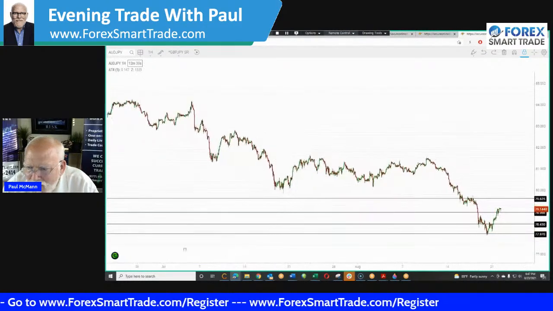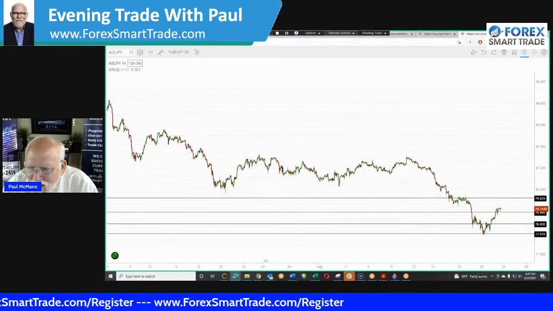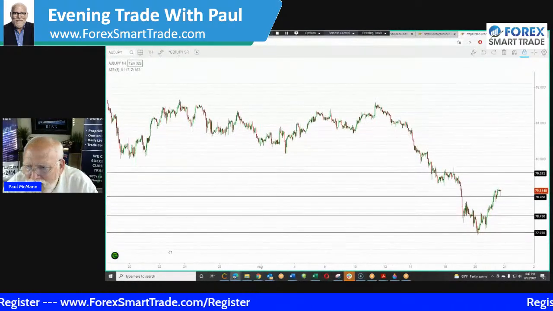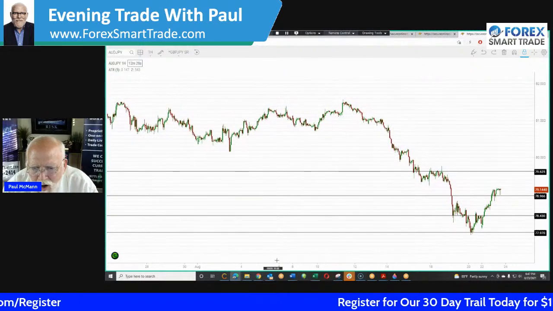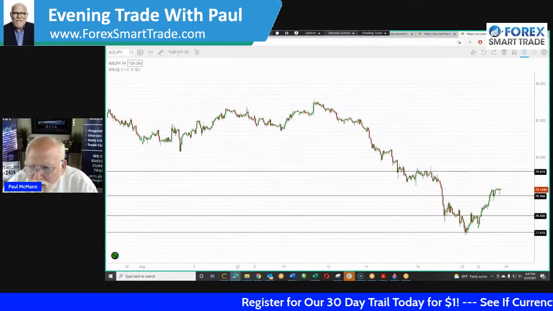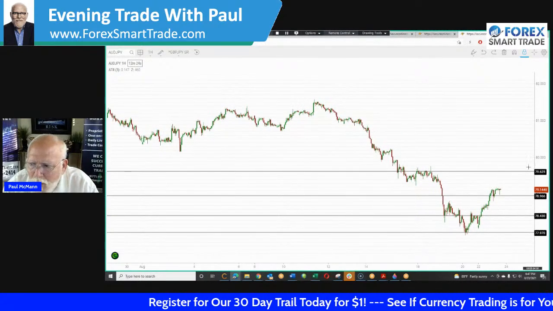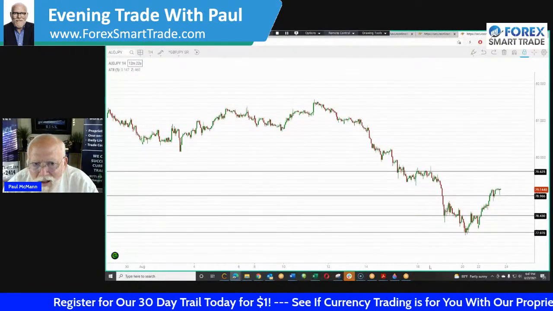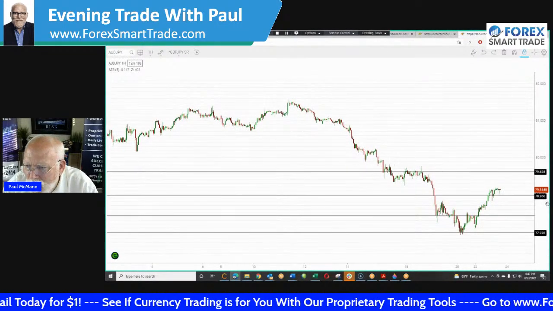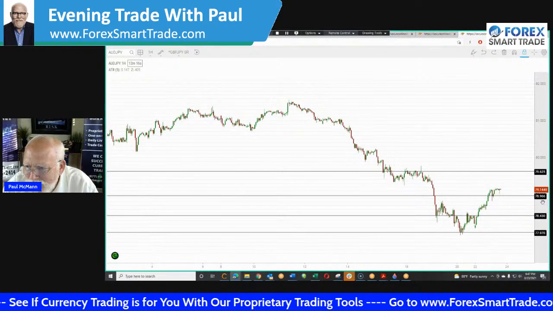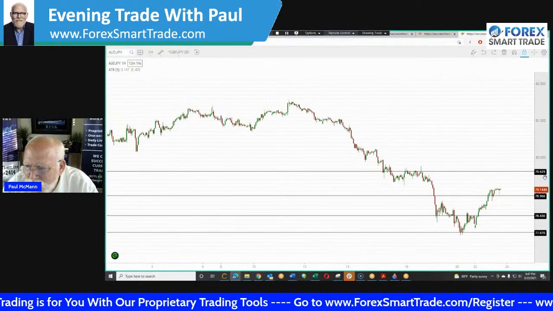Once I've got some support and resistance on here, then I want to take a look. On a 1 hour chart on the euro dollar, these tend to be about 30 pips apart. On this, I don't know what it's going to be. We're going from, say, 96 to 62.